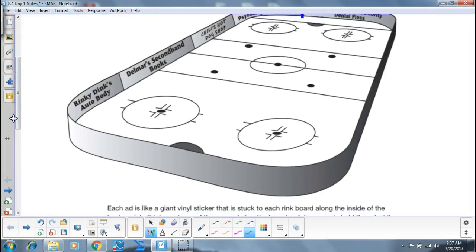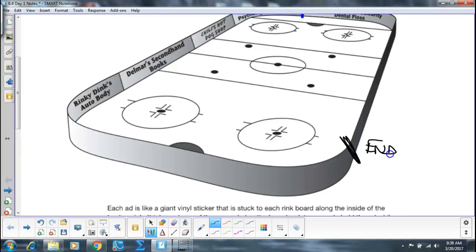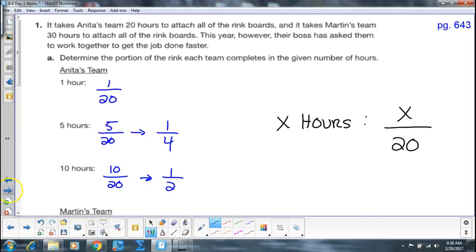They'll probably be somewhere over in here. So when are they going to be finished? That's the problem we're trying to solve.